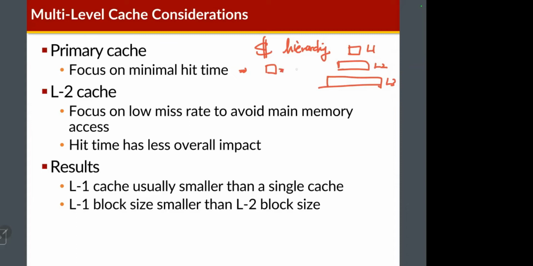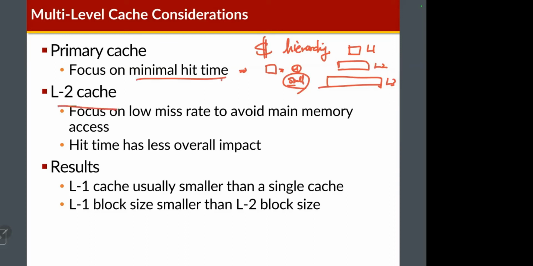Which means that the size of the L1 cache is small. We can access the L1 cache very quickly, like within one clock cycle, right? So for the primary cache, we focus on the minimal hit time for the L1 cache.